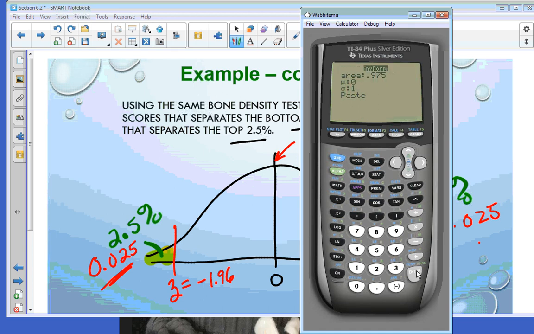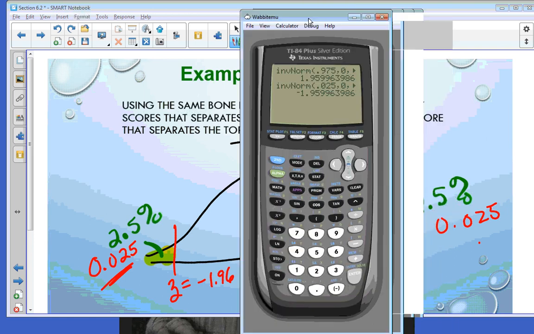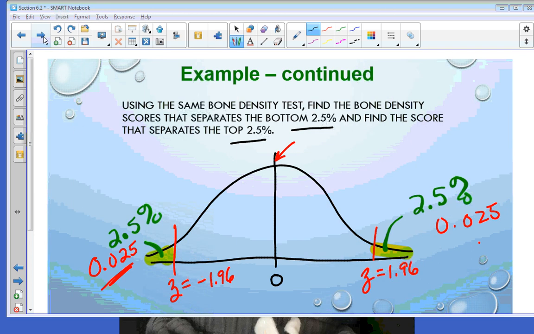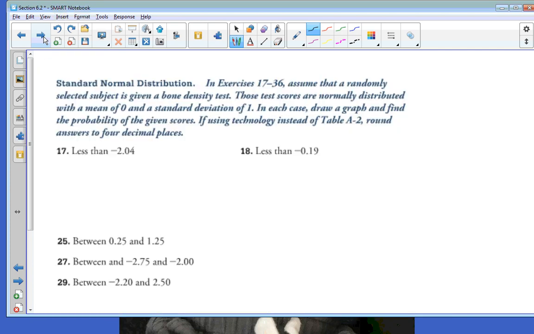We're going to put the area in, 0.025, and enter, and we find it's negative 1.956. So here's some examples, so we'll have some more practice.